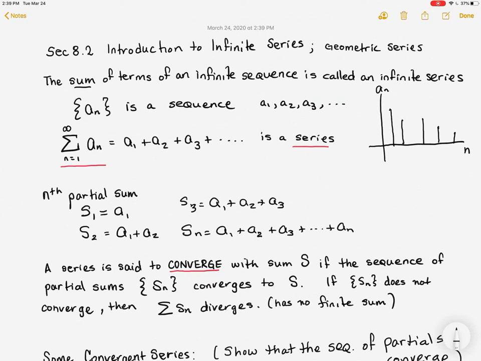That's trickier than it sounds, but we'll do a few easier examples. If this sequence of partial sums has no finite limit, then we say that it diverges, and then the series will also diverge.